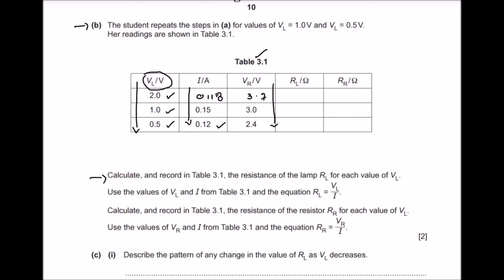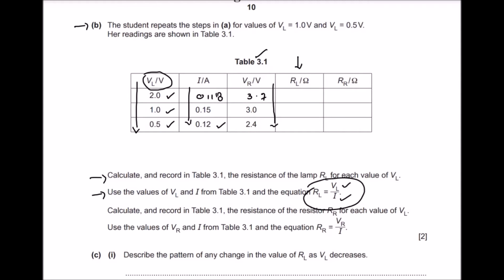Calculate and record in table 3.1 the resistance of the lamp RL for each value of VL. For this use the formula: RL, resistance of the lamp, is found by using the voltage across the lamp and its current. Look at this column. It is showing the resistance of the lamp in ohms.